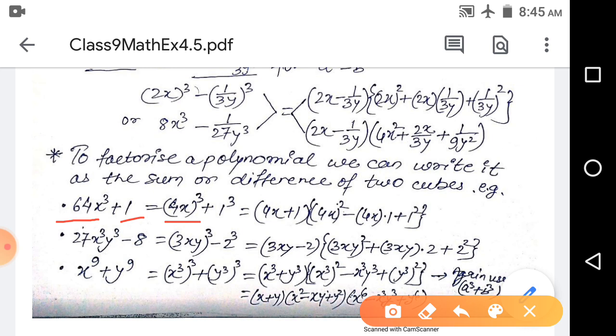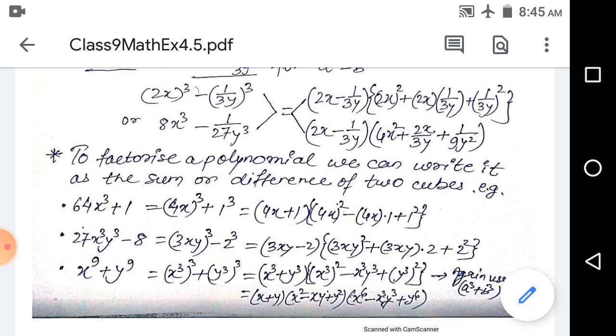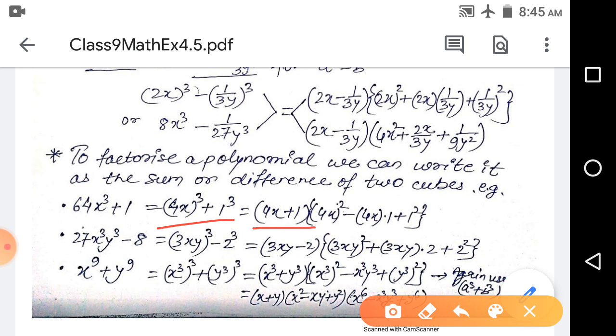For 64 it is cube of 4, and x cube is there, so we can write 4x whole cube plus 1 cube. So this is the sum of 2 cubes. So sum of 2 cubes can be factorized by using a formula like that: 4x plus 1, that is a plus b, and this is 4x square, a into b, that is 4x into 1, and plus b square, that is 1.